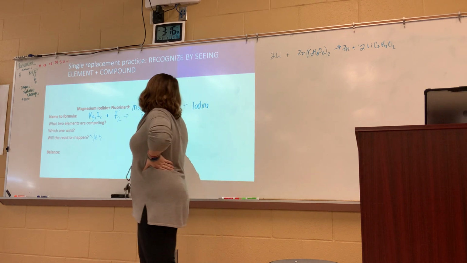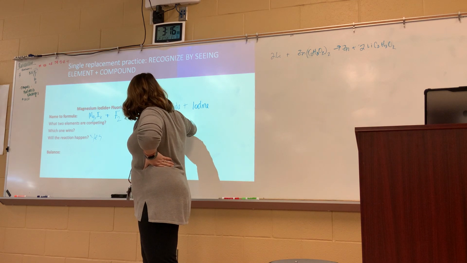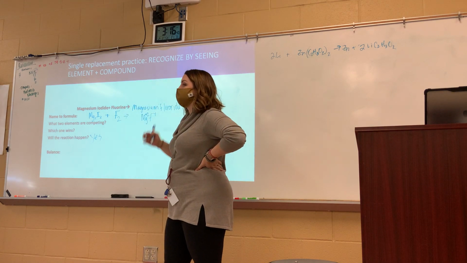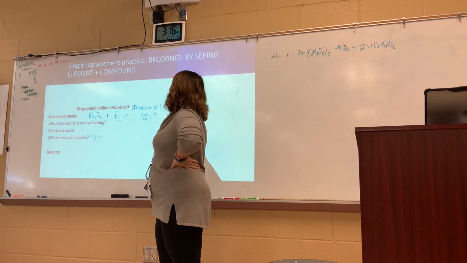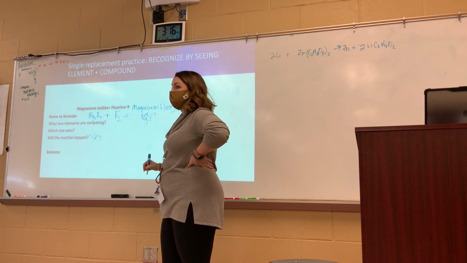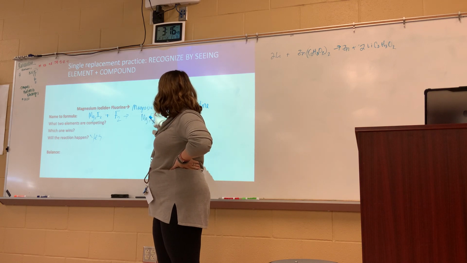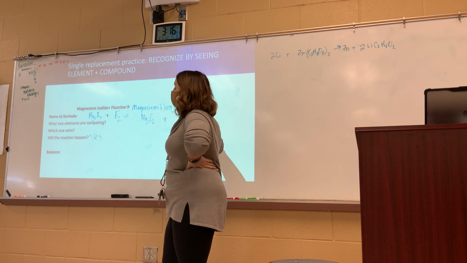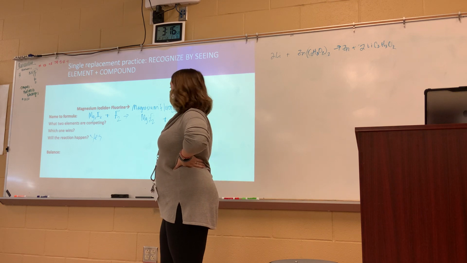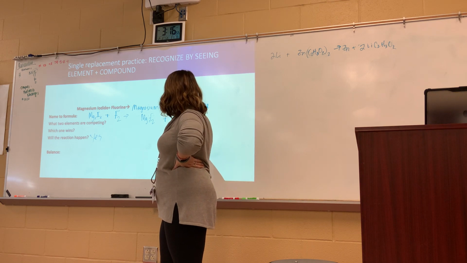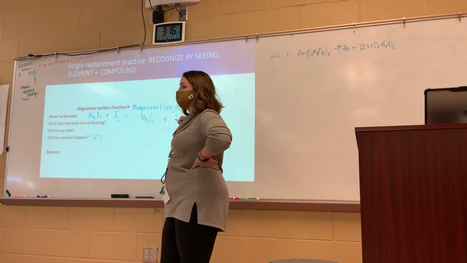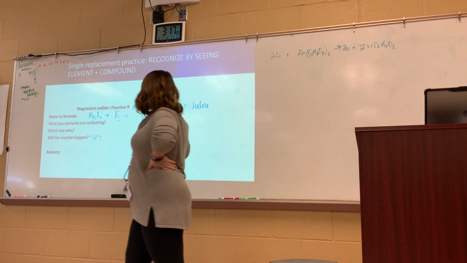Minus one. Yes, F with a -1. Ide means charge. Bring the 2 down, bring the 1 down, erase the charges. What's iodine? It's by itself. I2. Oh, so it's canceled.